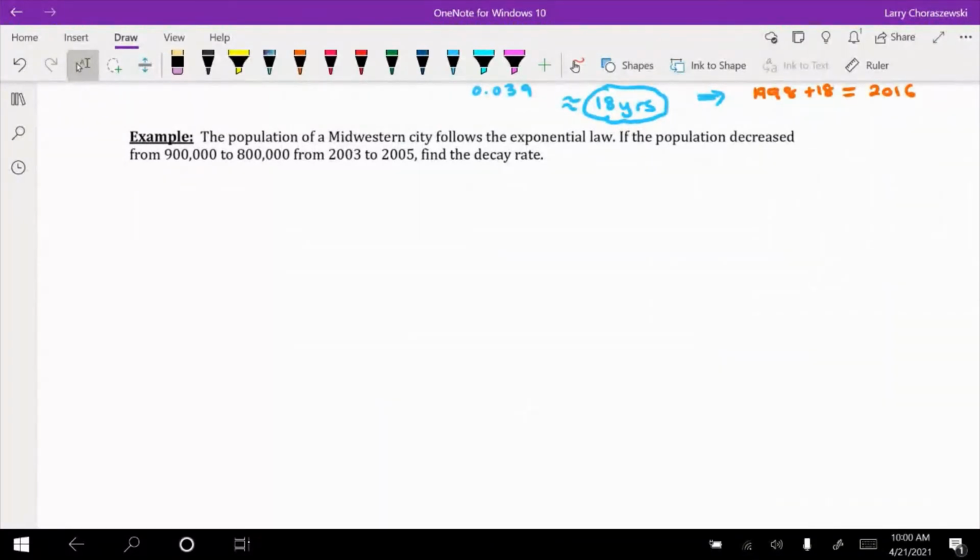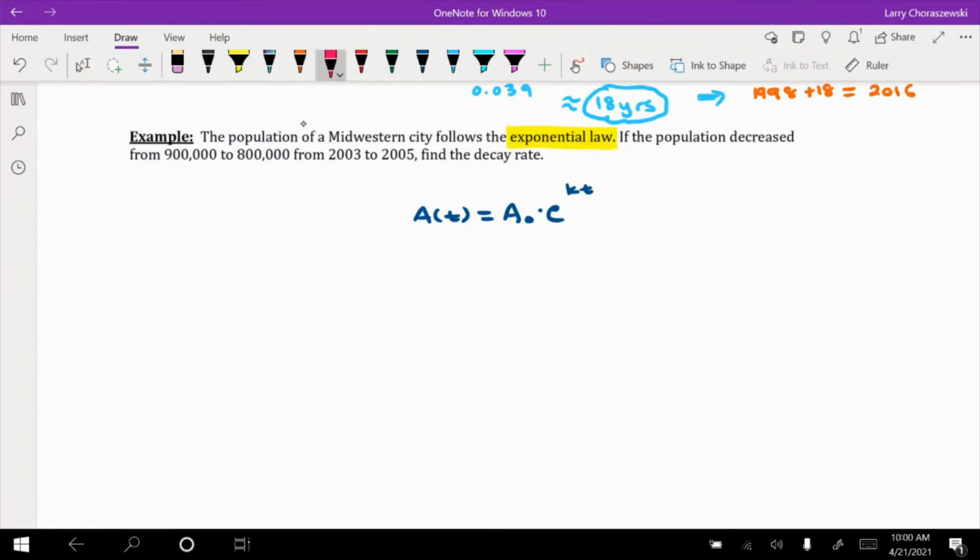So the population of a Midwestern city follows the exponential law. When you see that, just quickly jot down the formula for the exponential law. It says if the population decreased from 900,000 to 800,000 from the year 2003 to 2005, find the decay rate.